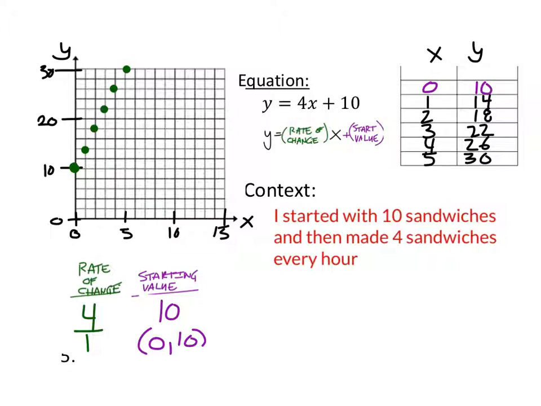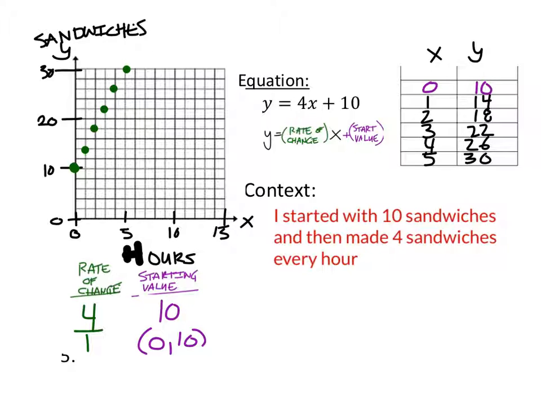Now, based on this scenario, if we looked at sandwiches in hours, the number of sandwiches would depend on the hours, which means the hours would be the label for the x-axis. And the y-axis would represent sandwiches. And also, we would not connect these points because you can't have half a sandwich on that, okay? Now, you could say you have half an hour, but we'll just go with full sandwiches.